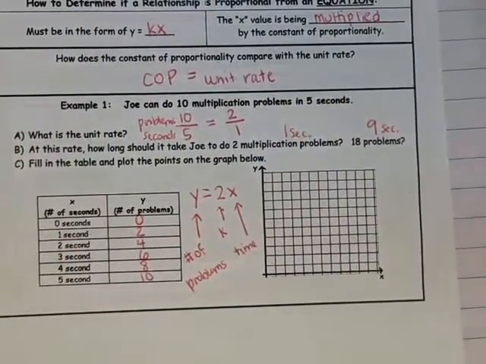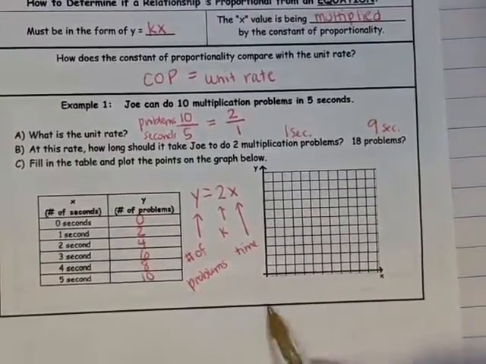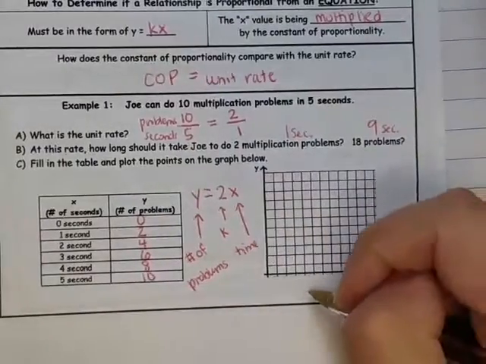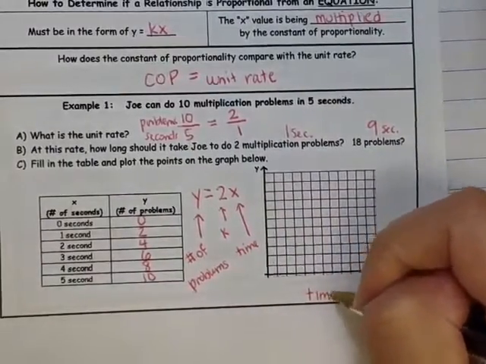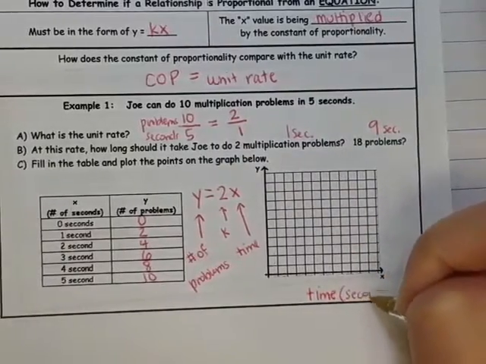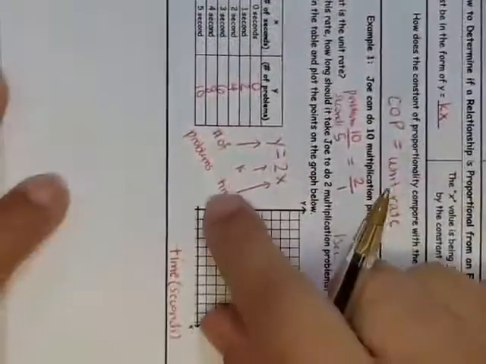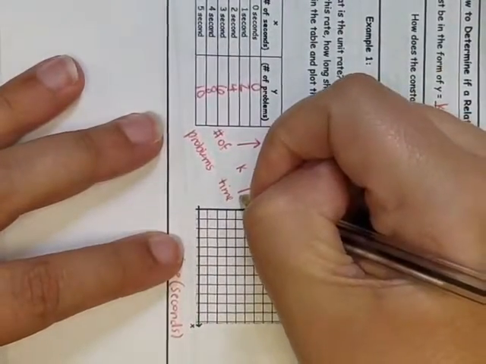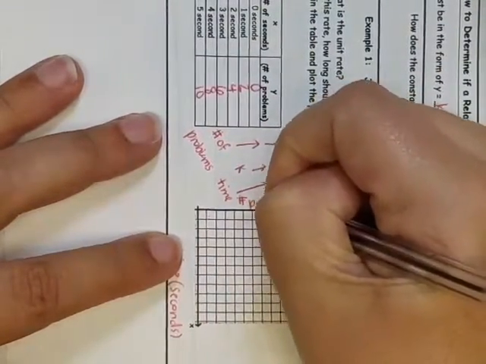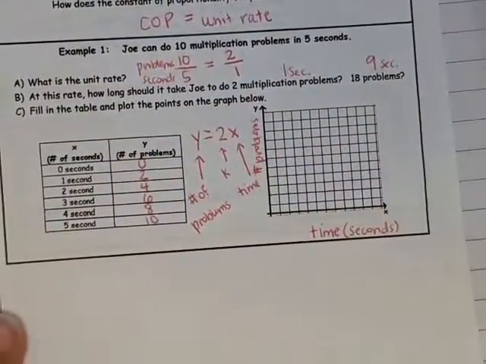Okay. Now we're going to graph it. We're going to label our x-axis with time, because that's our x value, in seconds. And then our y value is our number of multiplication problems, so we're just going to say number of problems. Then we can decide how we want to count up by.